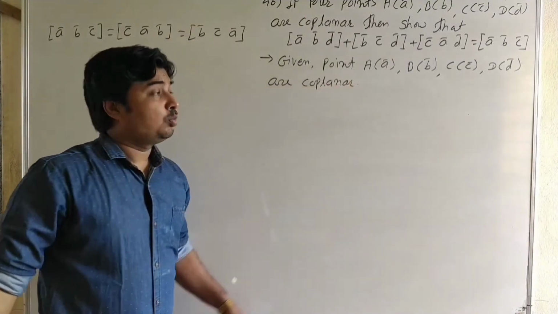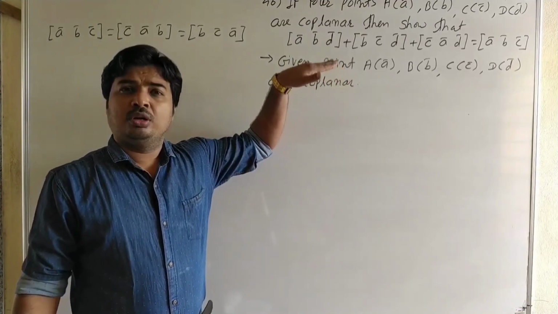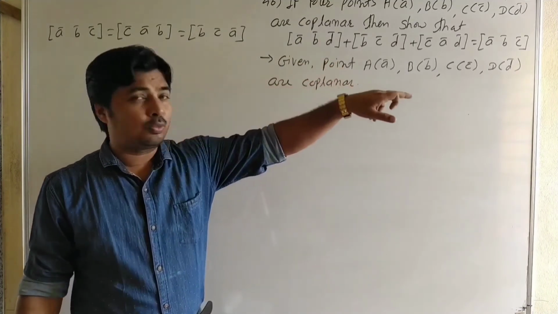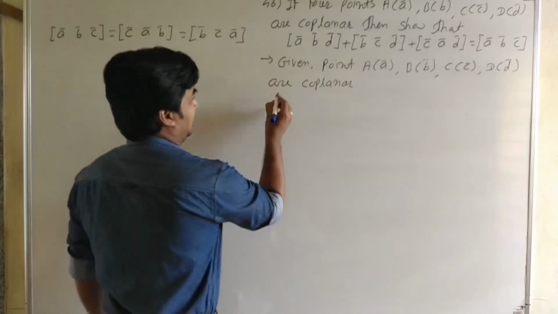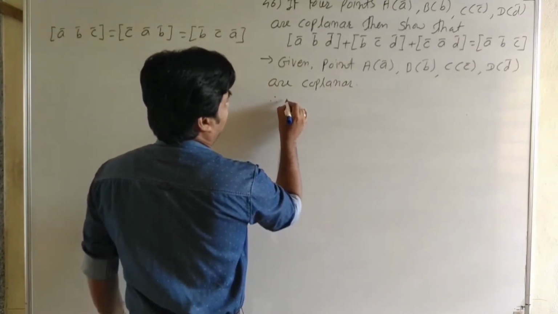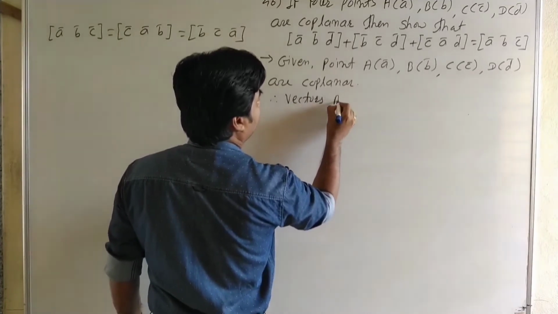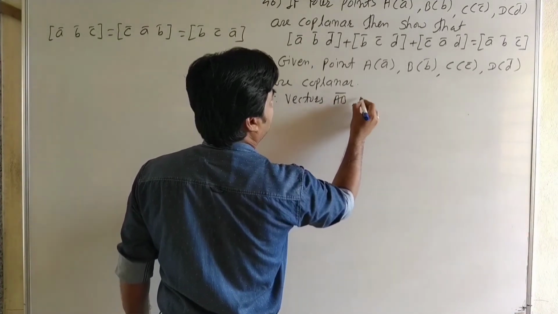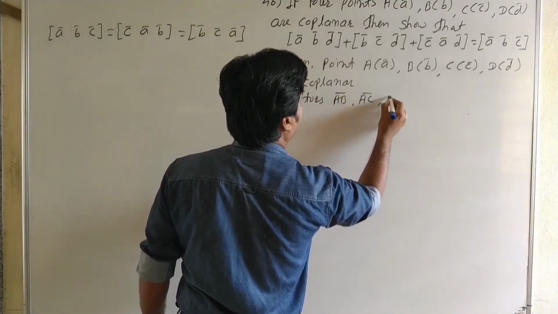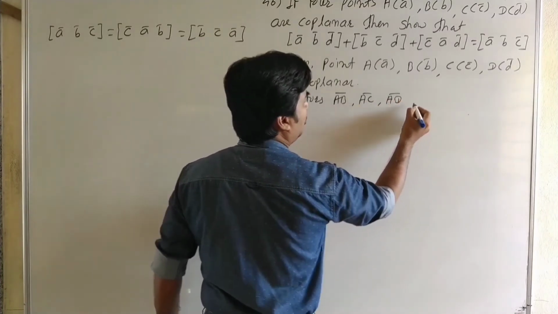Here four points are coplanar, therefore three vectors from these four points are also coplanar. Therefore vectors AB, AC and AD are coplanar.